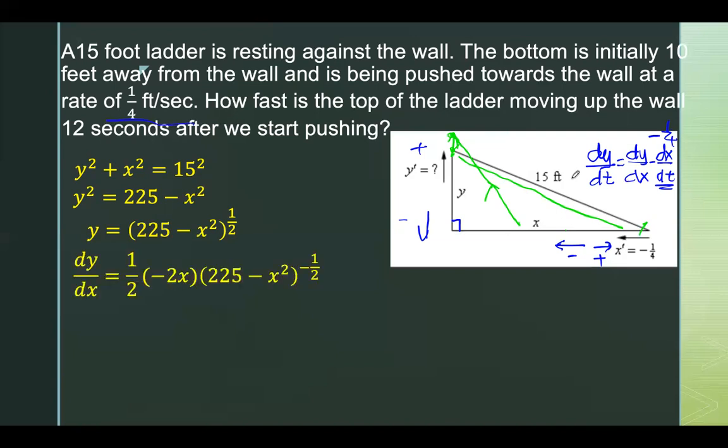Then you do dy/dx. Half moves to the front, you differentiate, the bracket power becomes negative half, then you differentiate inside and get negative 2x. So you get negative x over square root of 225 minus x squared.